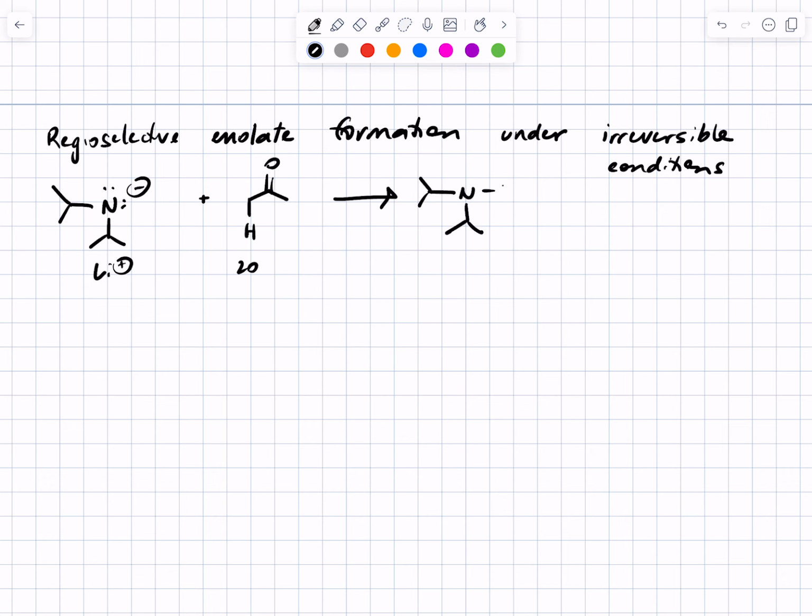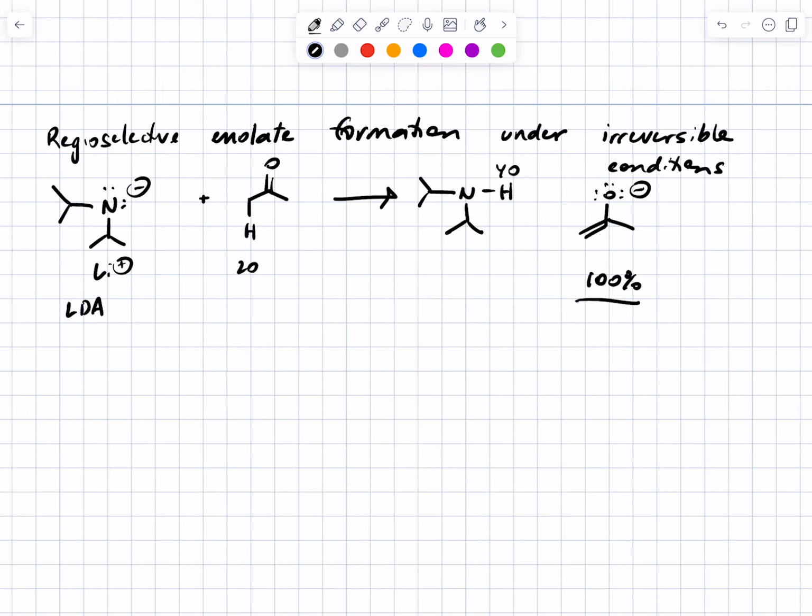And the reason for that is the pKa of the conjugate acid of LDA is around 40. So the equilibrium constant should favor formation of the enolate by a factor of 10 to the 20, or basically 100%, right? That's what we mean by irreversible.